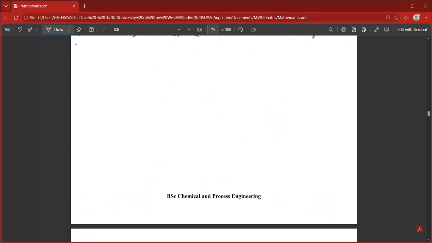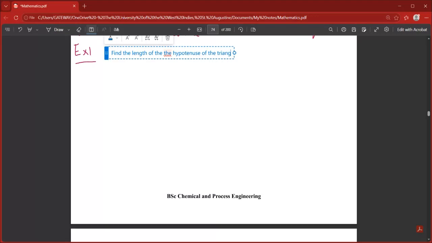So this is the first exercise. Find the length of the hypotenuse of the triangle shown in the diagram.